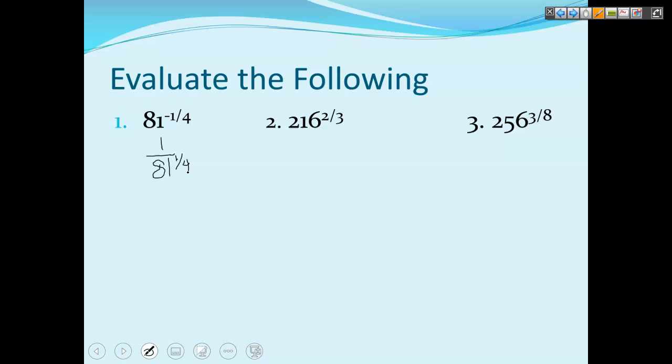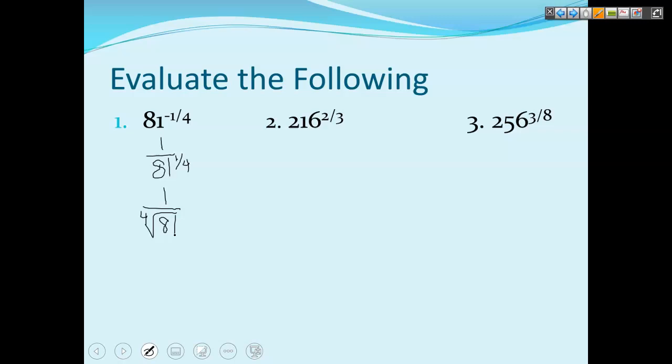So that's really like 1 over 81 to the 1/4, which is also equivalent to the 4th root of 81, which means I need to find a number that multiplies 4 times to get 81.